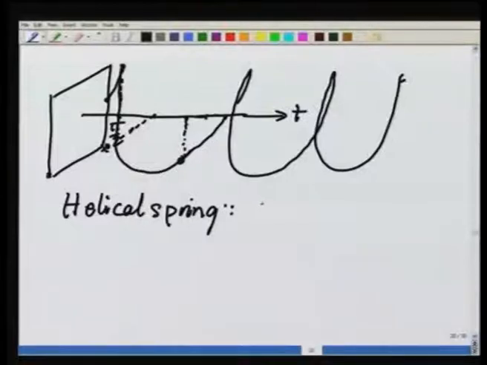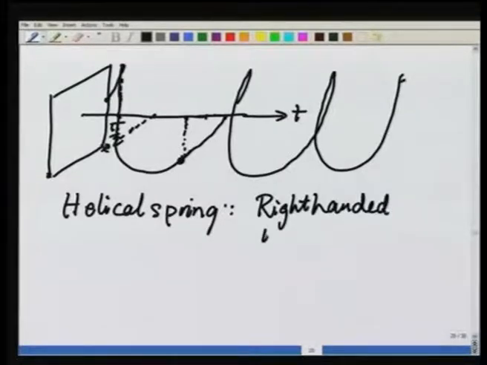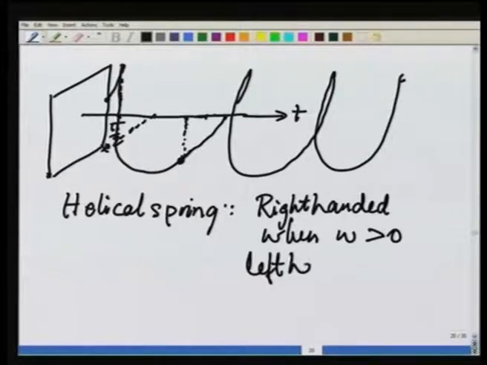You will find that it is a right handed spring when omega is greater than 0, left handed when omega is less than 0.